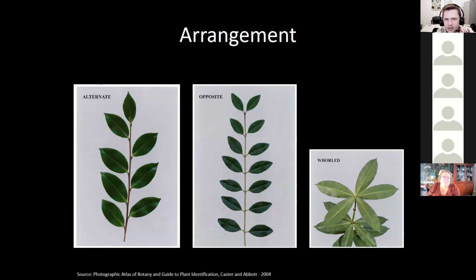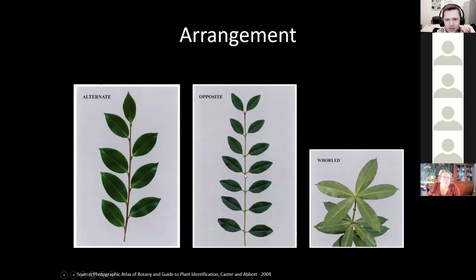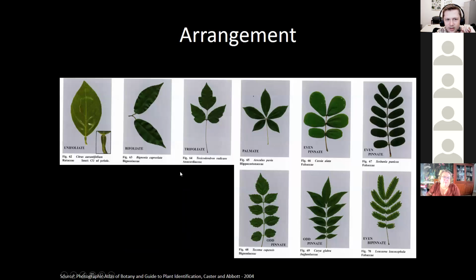So outside of these arrangements, you can have just one leaf popping out, like in all of these examples, but you can also have leaflets. So when you're looking here, this is a plant that has one leaf. It's unifoliate. And where the connection is to the branch, the petiole, you can have two leaflets.